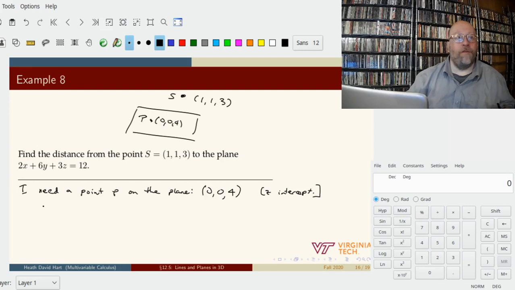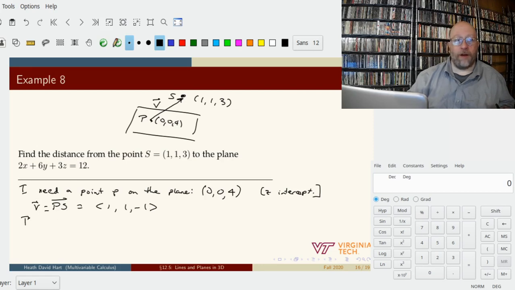All right, the vector from P to S, this vector here, is, I start at P, I end at S, it's 1 and 1 and negative 1. 0 to 1, 0 to 1, both of those are positive 1, but 4 to 3 is negative 1.